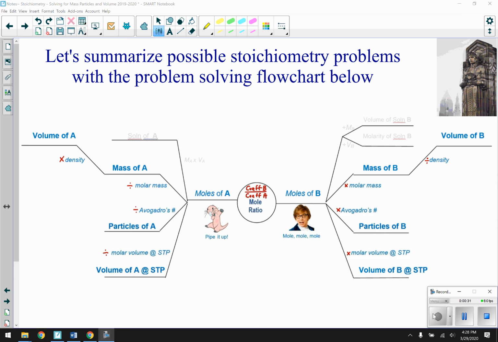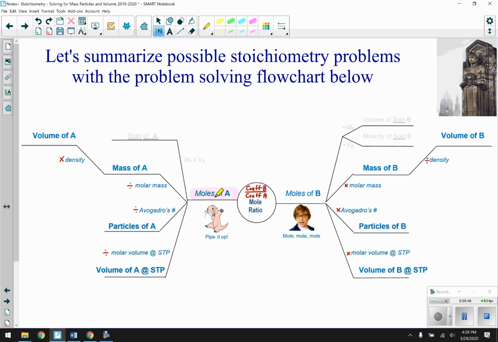So if you took notes on the 6 problems that we did, let's go back to problem number 1. In problem number 1, we started out with moles of iron, and so that would be moles of A. On your flowchart, you would start out here.